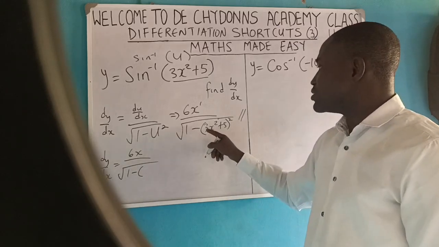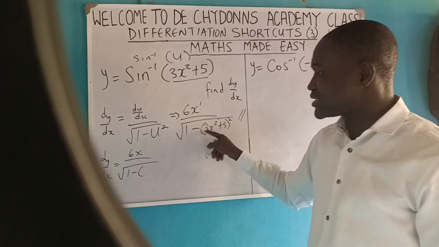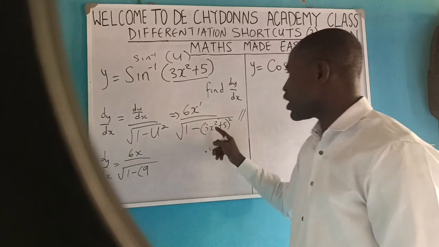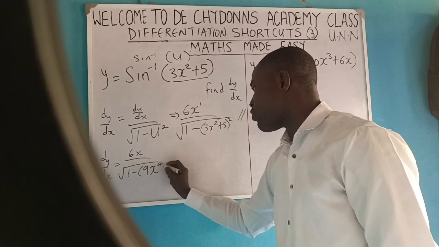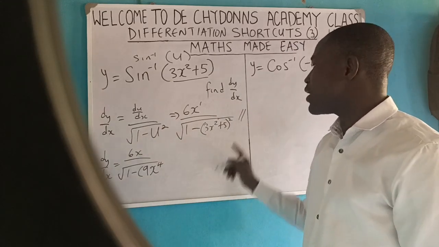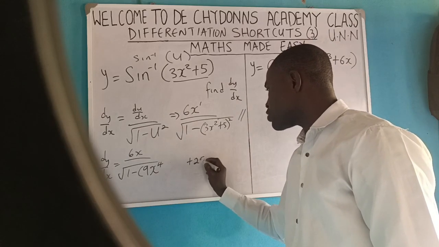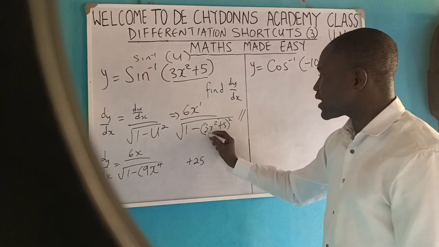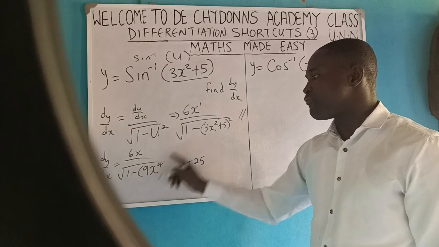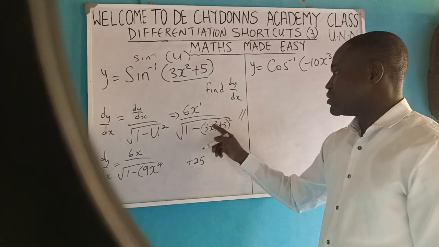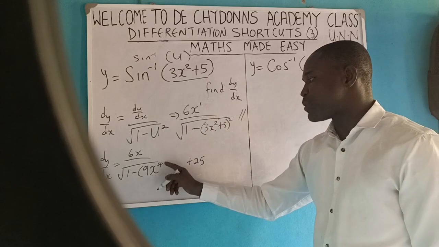bracket 3 squared. 3 times 3 is 9. x squared times x squared is x raised to the power of 4.